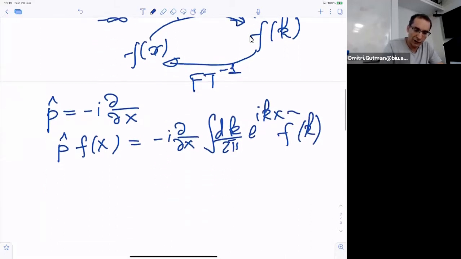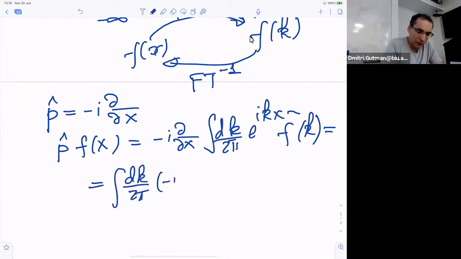When this operator acts, it yields the integral dk over 2 pi, and here minus i times ik e to the power ikx f tilde of k.